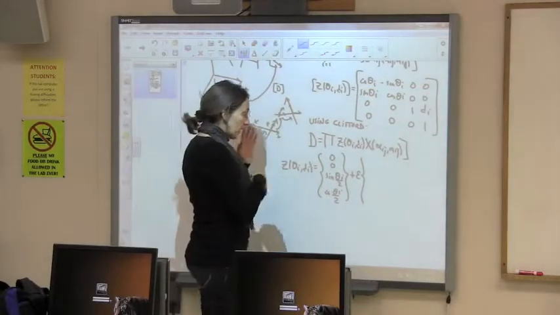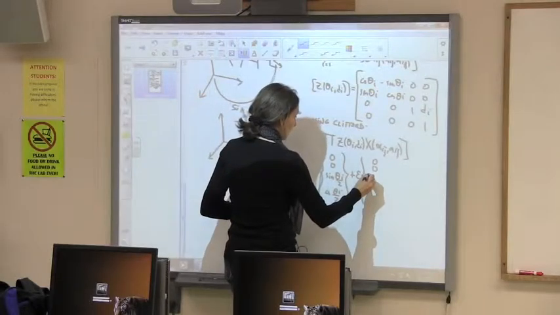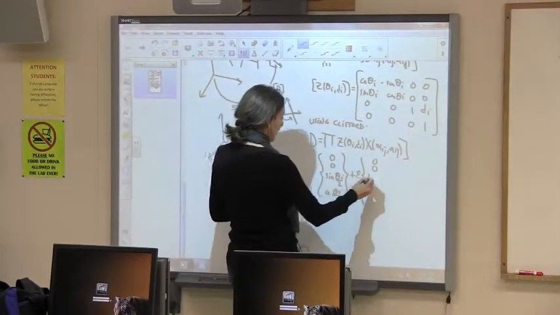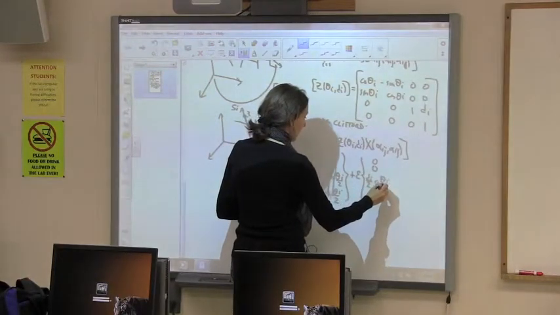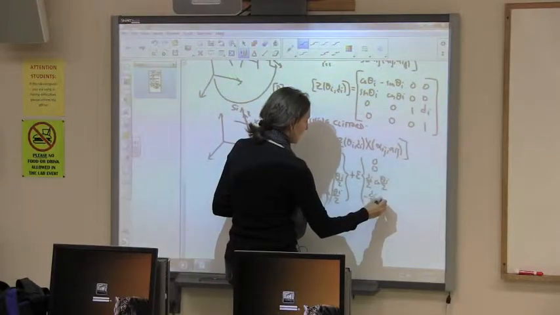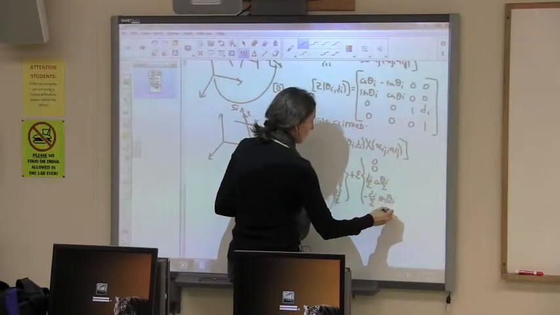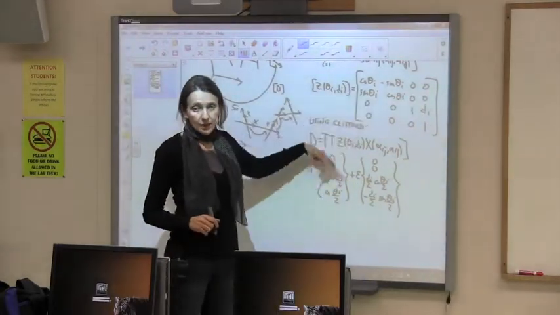So the S0 part goes away, and then we'll have 0, 0, d_i divided by 2 times cosine theta_i divided by 2, and minus d_i divided by 2 times sine theta_i divided by 2. So this and this are the same thing in different algebras.